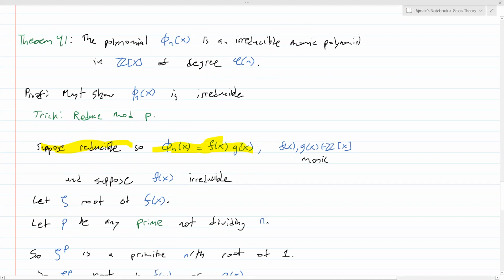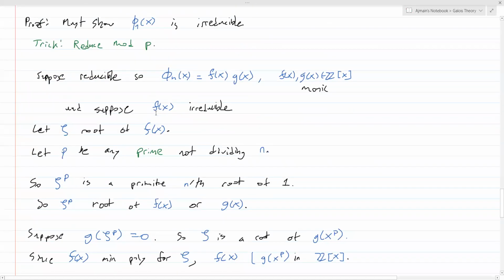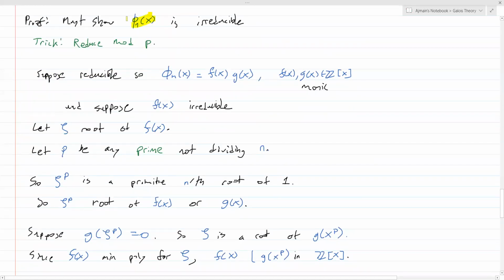So suppose it's reducible, so it's a product of integer coefficient polynomials, and say the first factor f is irreducible. We're trying to do this by contradiction. We're trying to prove that phi n is irreducible, so suppose it factors as a product of an irreducible polynomial and some other polynomial. So f of x is irreducible, and let zeta be a root of f of x.